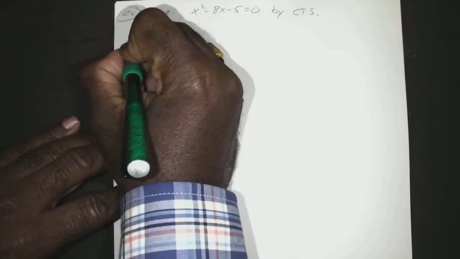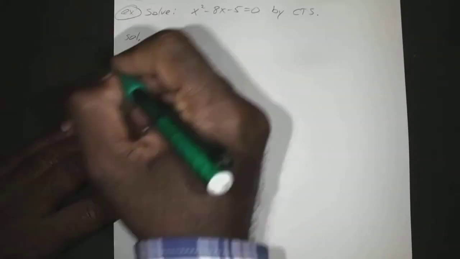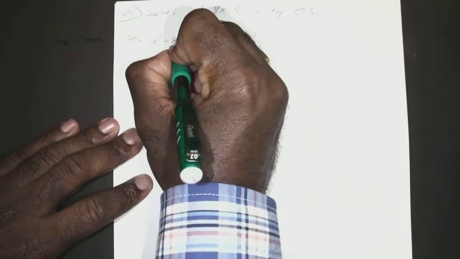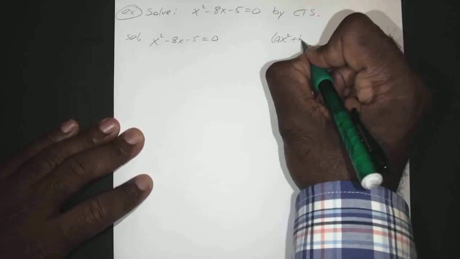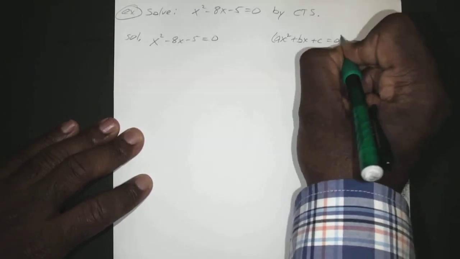Let me just rewrite it real quick. And remember, it's in the form ax squared plus bx plus c equals 0.